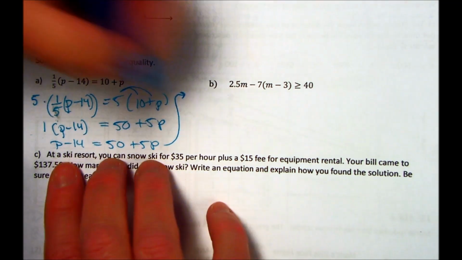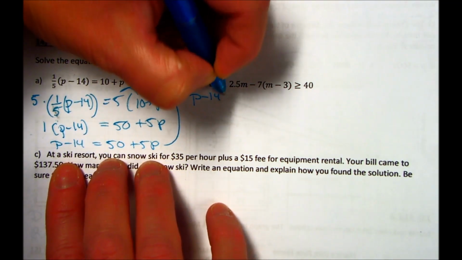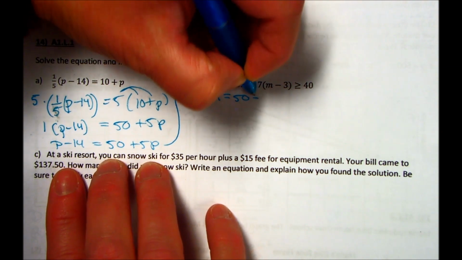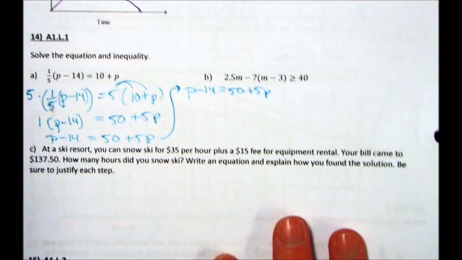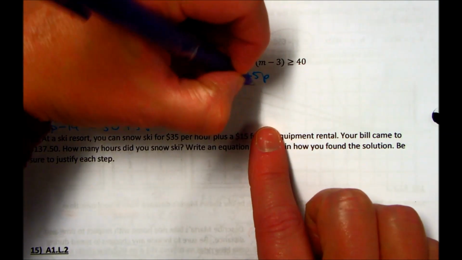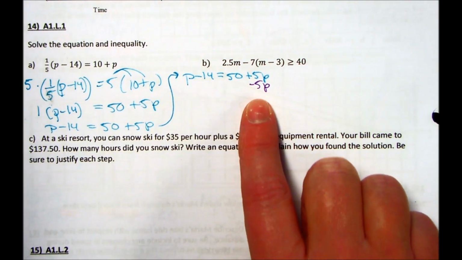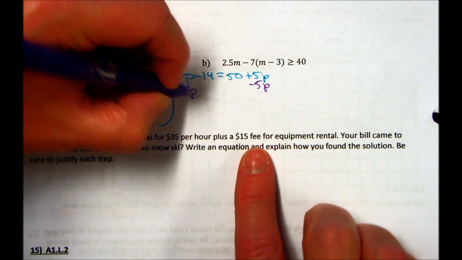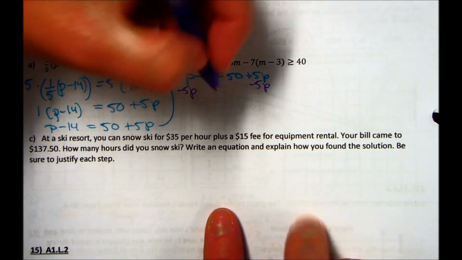All right, so I'm going to rewrite this. p minus 14 equals 50 plus 5p. So I am going to eliminate the 5p, or subtract it from the right side, but whatever you do to the right, you have to do to the left.